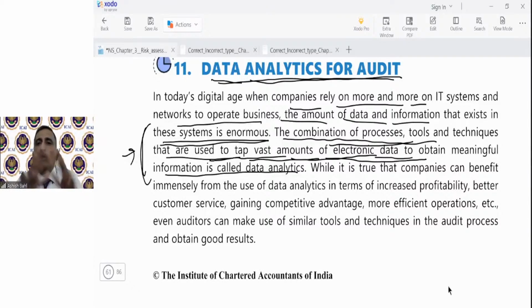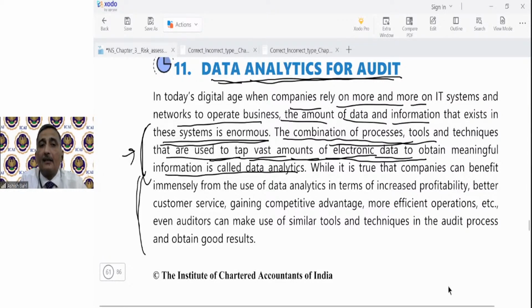So you understand the data that the IT system is producing and gather the information which is relevant for you. This is called data analytics. So analysis of data, in simple terms, is data analytics.